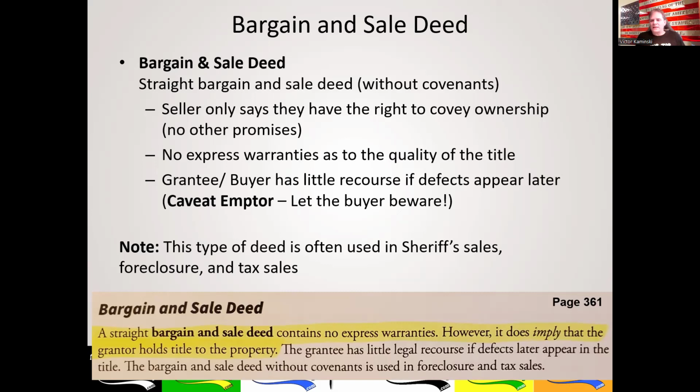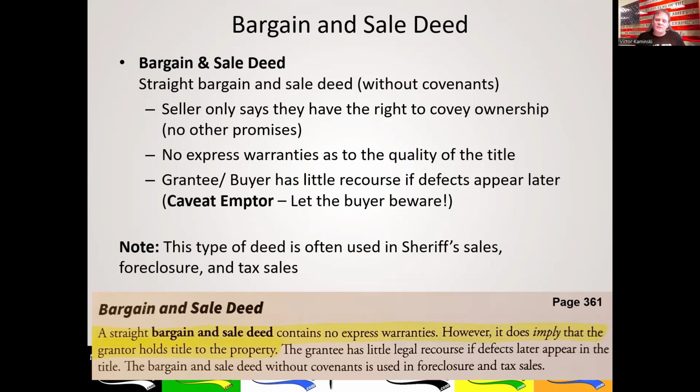So you getting title insurance or doing a title search, that only protects you in the event that something was not uncovered or something was missed, because we're all human and we did research, and the seller didn't make any guarantees. There's no covenants. There's no warranties on this type of deed other than I got the legal right to sell it. Now, if that wasn't true, well, then you could go after the seller. The insurance won't cover it. You go after the seller.